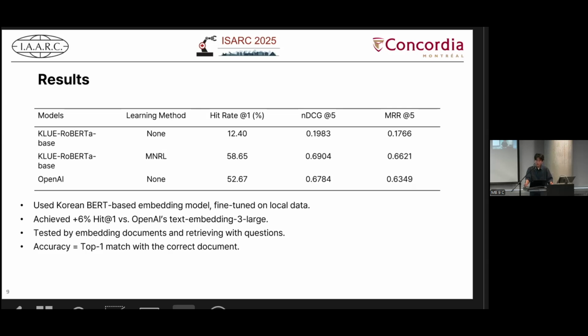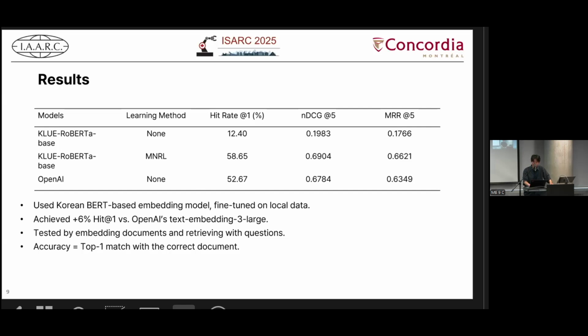After fine-tuning with the domain-specific dataset, the model showed a significant improvement in retrieval performance. Specifically, hit rate at 1 increased by more than 6% compared to the OpenAI commercial embedding model. The name is text-embedding-3-large.